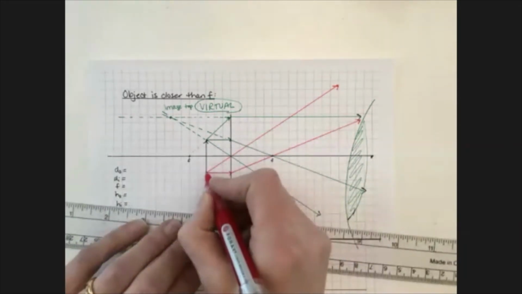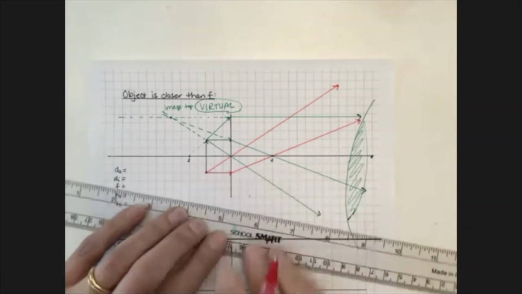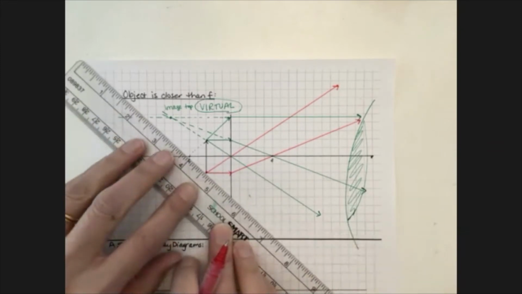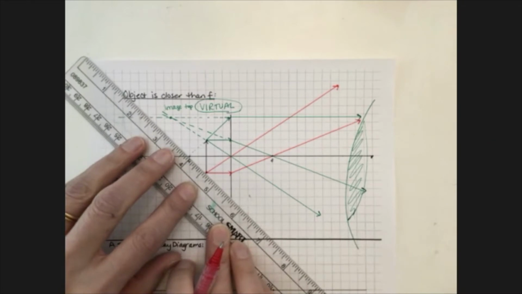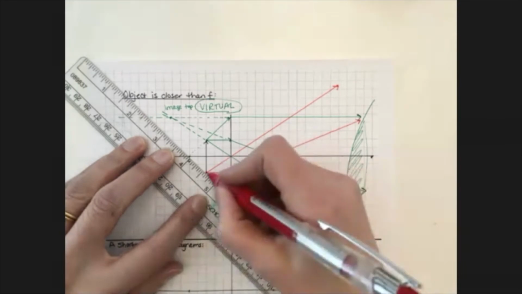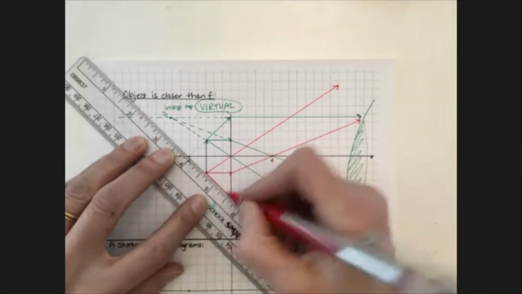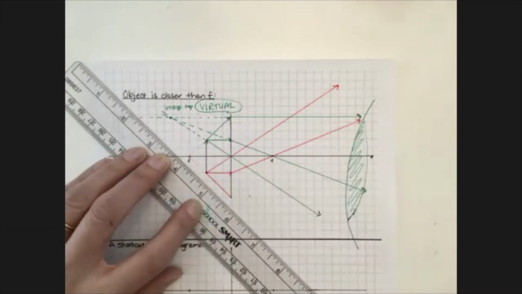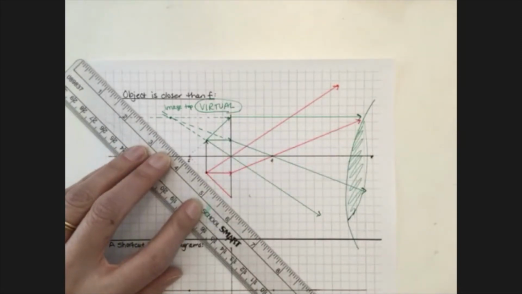You want to find the bottom of your object and find the focal point that's on that side of the lens. And you want to put your ruler to line those two up. So the light ray is going to go towards the lens, but it's going to go in a direction that is lined up with that focal point.